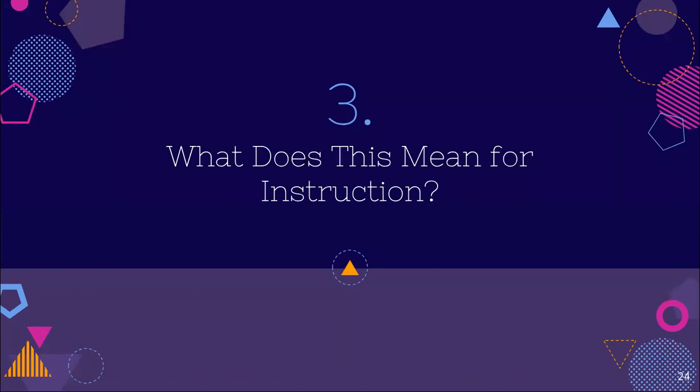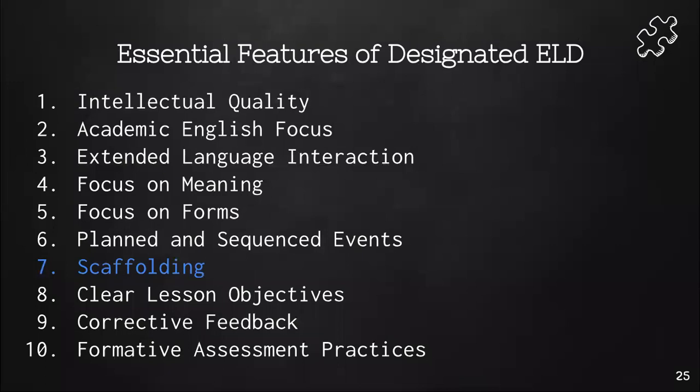So the big question, what does this mean for instruction? Some of the essential features of designated ELD that have been laid out in the framework are that there is intellectual quality, academic English focus, extended language interaction, a focus on meaning, and a focus on forms, planned and sequenced events, scaffolding, which is what we're going to spend a little more time focusing on, clear language objectives, corrective feedback, and formative assessment practices.